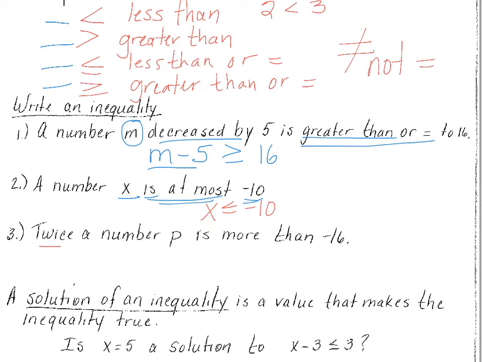I ate 10, didn't I? So in order to get that, twice means 2 times. So we're going to say 2 times p, and I can use a dot, or I can just set it next to each other, is more than. Okay, so that means greater. It's got to be greater than negative 16.